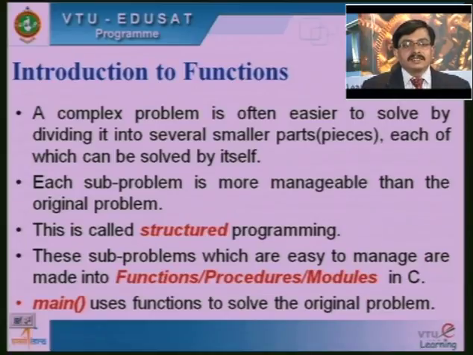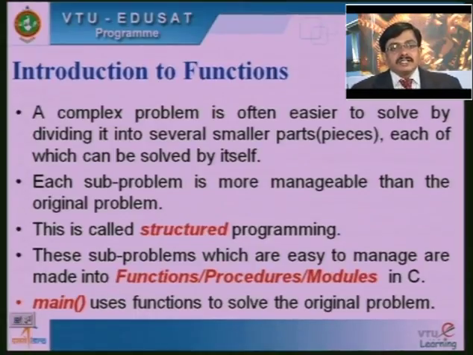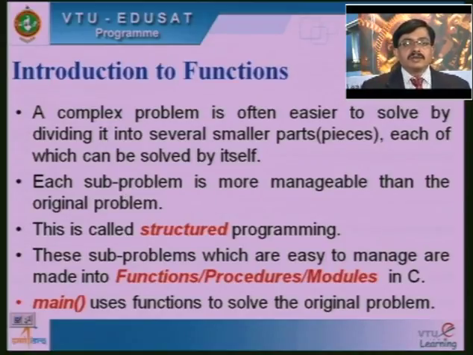So what we normally do is divide the complex problem into sub problems, and after computing the results of the sub problems, we finally conclude the computational result of the given complex problem. Each sub problem is more manageable than the original problem. Handling the original problem in one shot is quite difficult, but the sub problems are easy to manage and it is easy to know how the operations need to be performed in them.